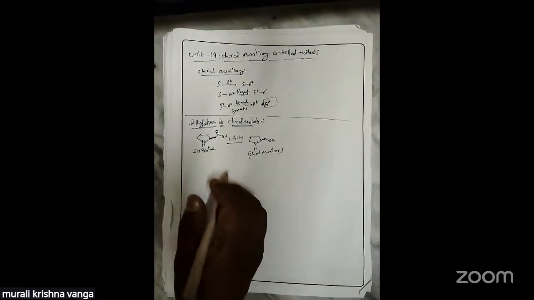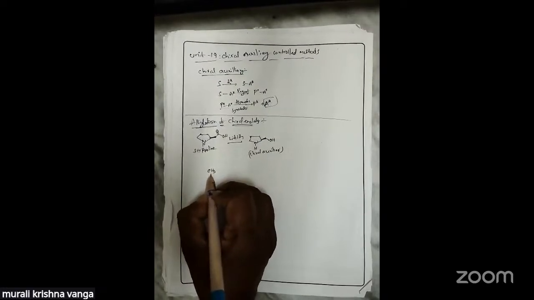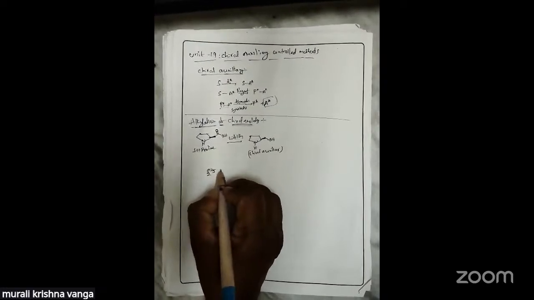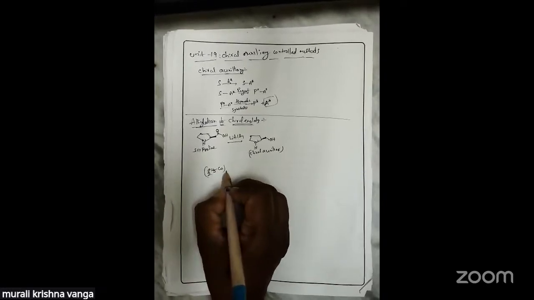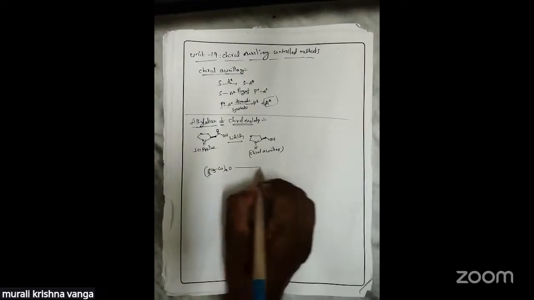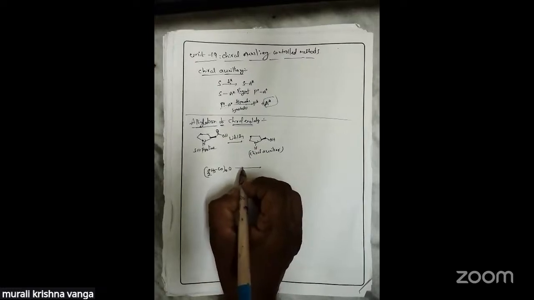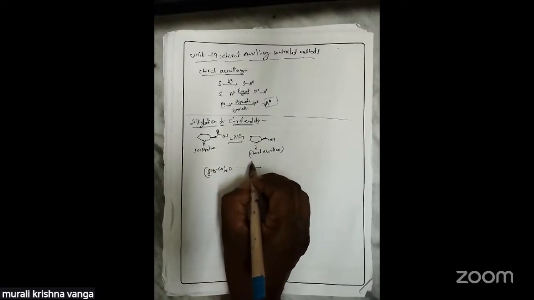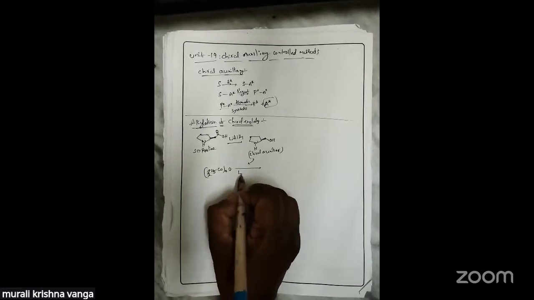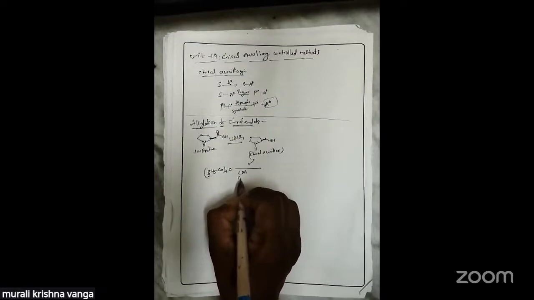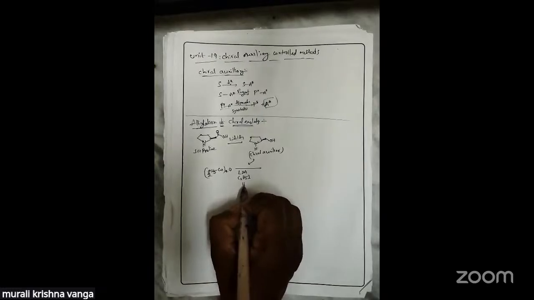When acetic anhydride is reacting with this chiral auxiliary, then with lithium diisopropylamide, followed by ethyl iodide, then followed by hydrolysis.